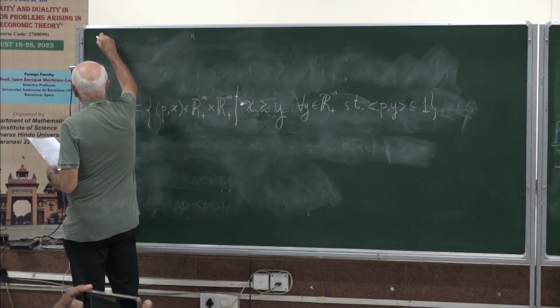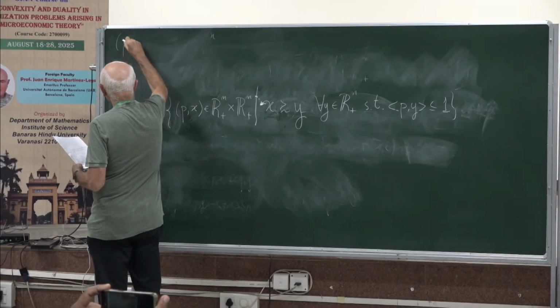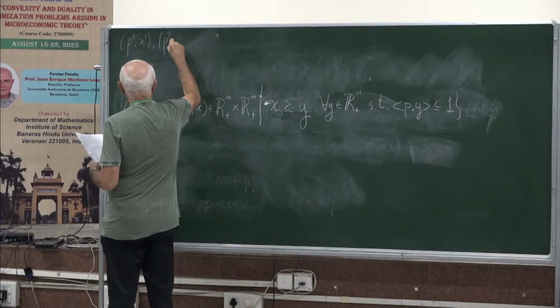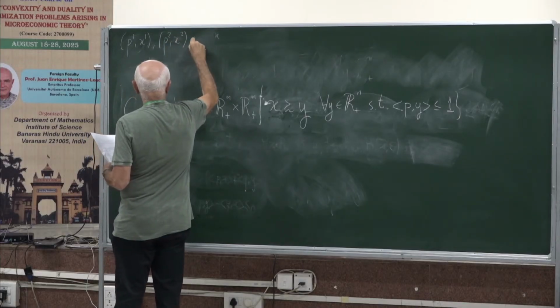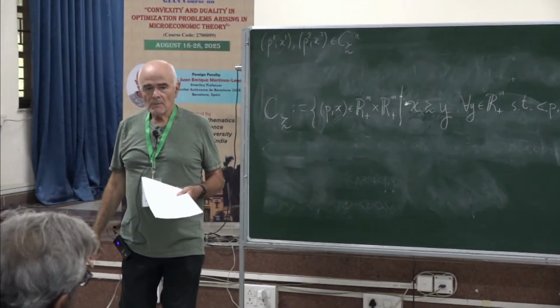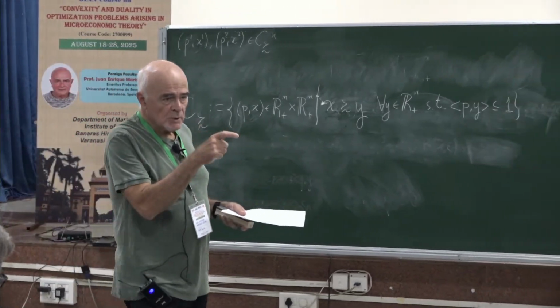So we take 2 points, P1x1 and P2x2 in the set, and we want to deal with the midpoint.